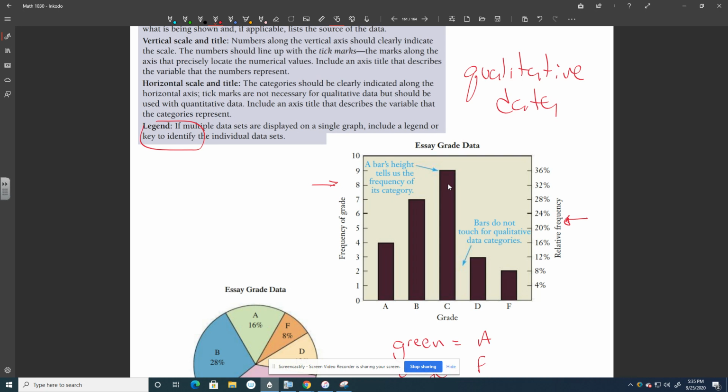Make sure that 24% right here represents 6 on the frequency table. I've seen a lot of graphs where this side gives the frequency, but when you look at this side, the percentages don't match what they should based on the other side. So be careful of that one.